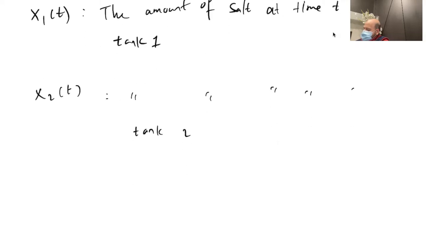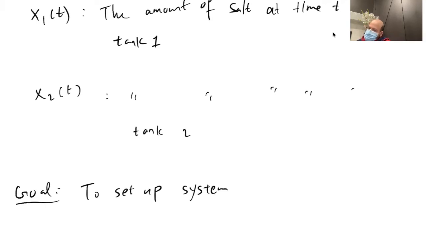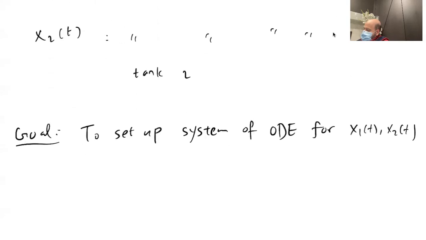And the goal here is to set up a system of ODE, because this time we have two unknown functions with two equations. So we have a system of ODE. To set up a system of ODE for x1 of t and x2 of t, and then solve it to find x1 of t and x2 of t.